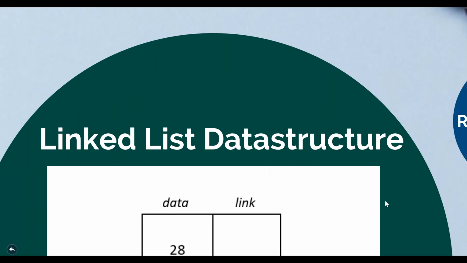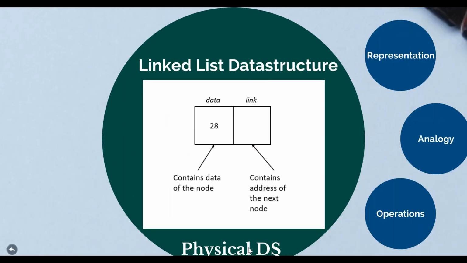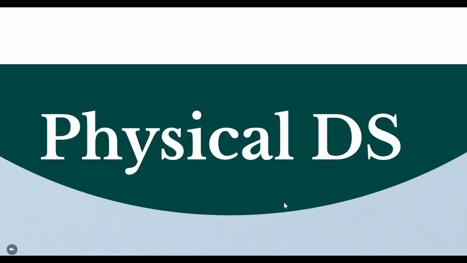Linked list data structure is a physical data structure. See, there are two types of data structures. One is physical data structure, and the second is logical data structure. Arrays and linked lists are called physical data structures. The reason why they are called physical data structures is they are actually, physically present in the memory. It's not a representation. It is the actual presence in the memory. You take a stack, a queue, a graph, a tree.